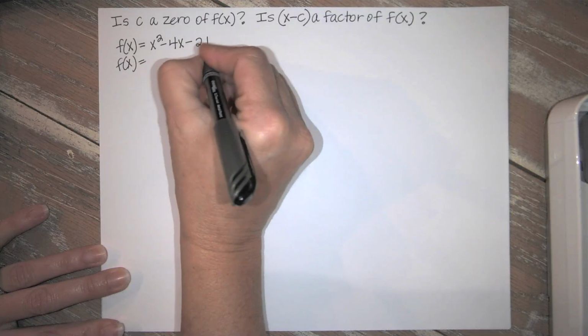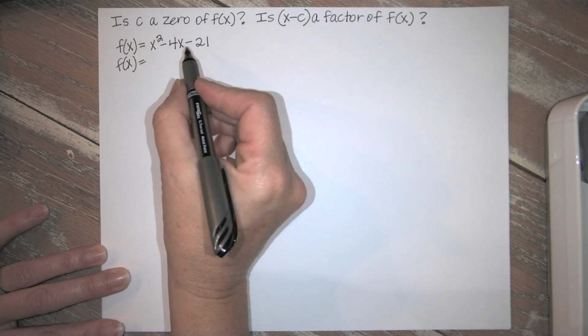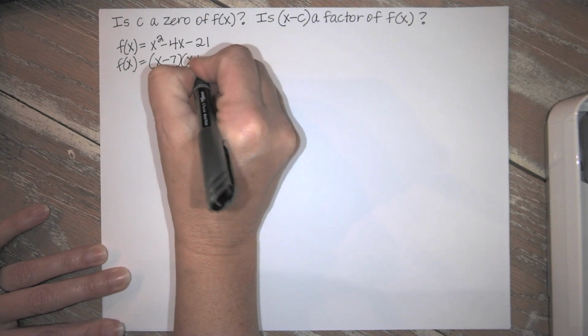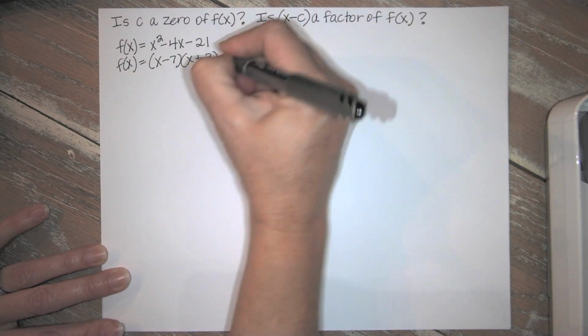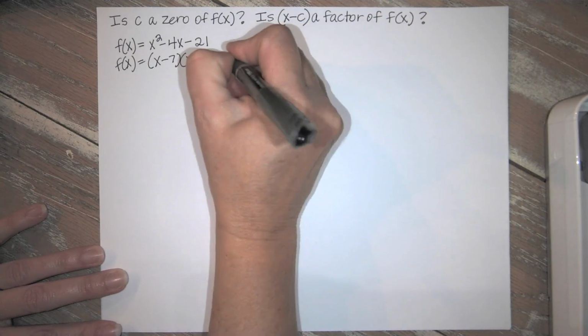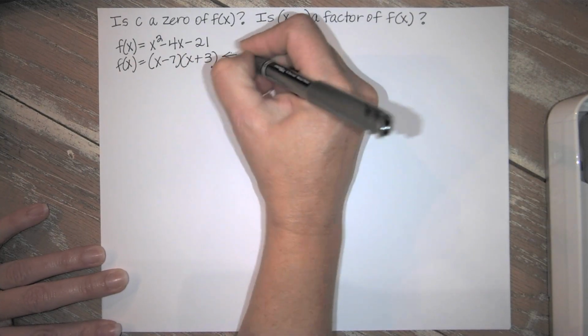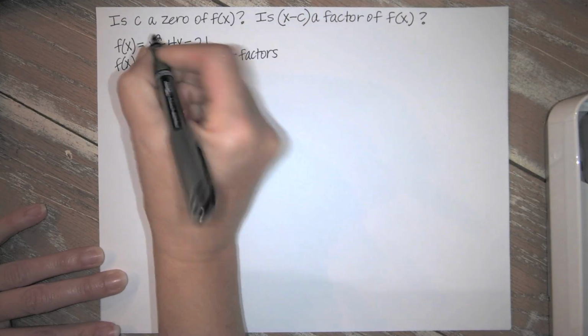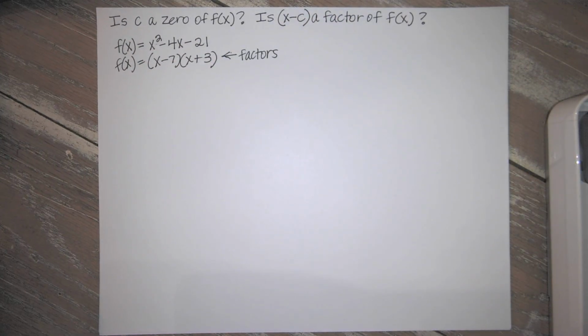We're looking for numbers that multiply to get negative 21 and add to get negative 4. And those would be negative 7 and positive 3. So this is the factored form of the polynomial. So we call x minus 7 and x plus 3 factors of this polynomial. All right?